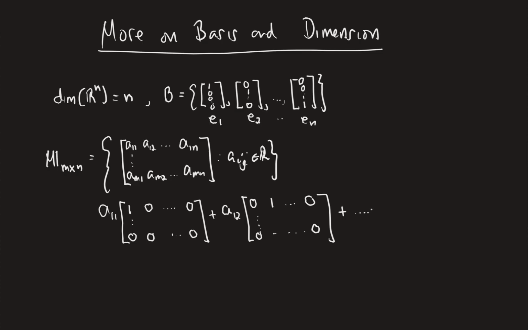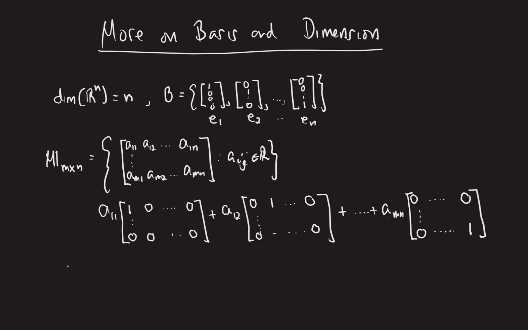So I'm going to put dots there, and then you're going to have AMN, whatever that number is, and you would use it to scale this matrix, with zeros everywhere and the very last entry being 1, right? So what I've written down is how I can take this single matrix and write it as a linear combination of these.